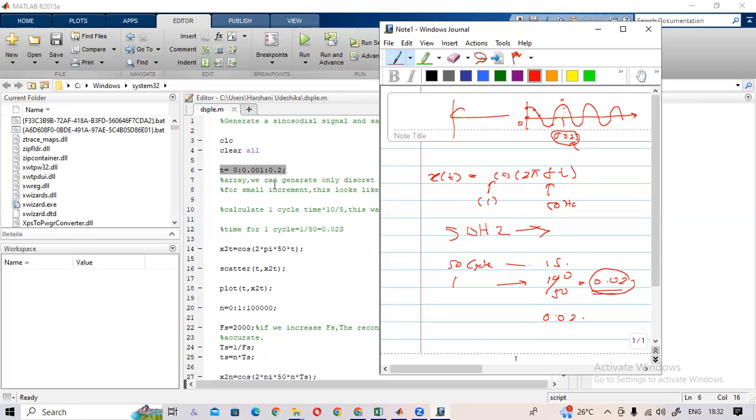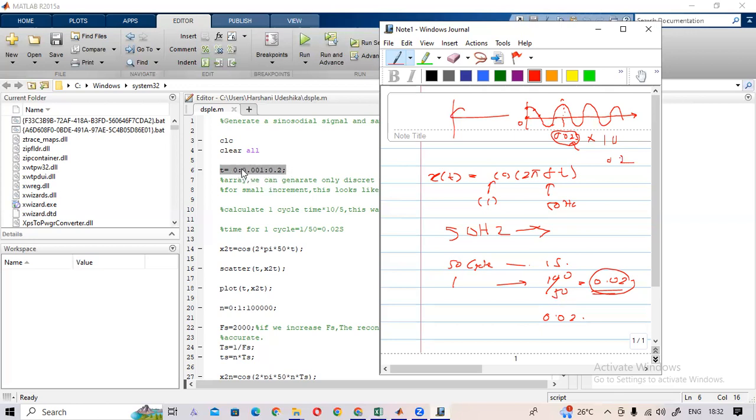So here we have selected only 10 cycles. One cycle time is 0.02, so we try to draw only 10 cycles.